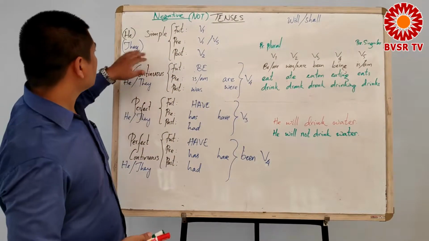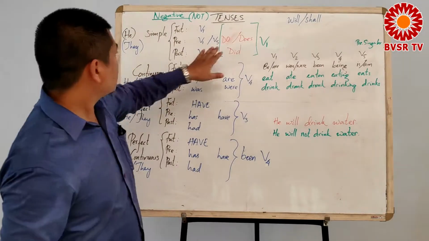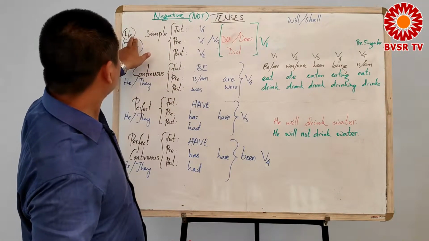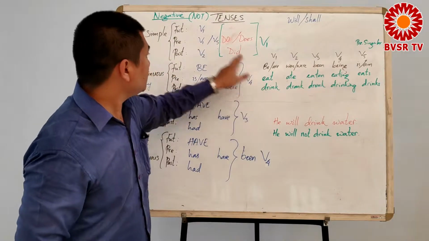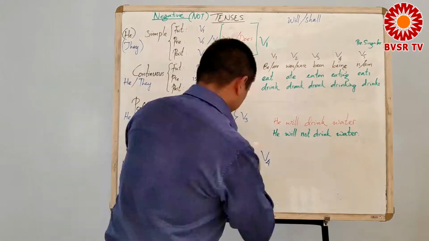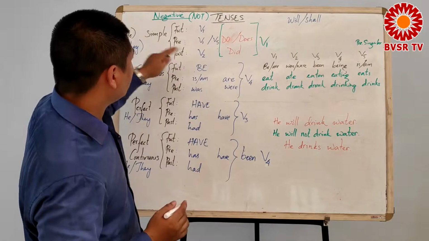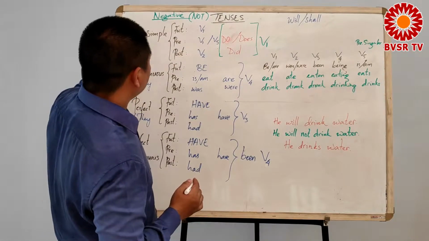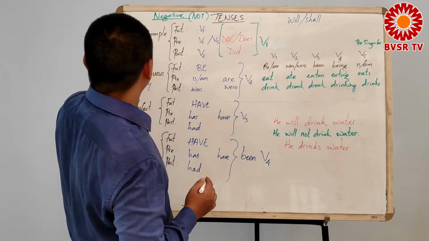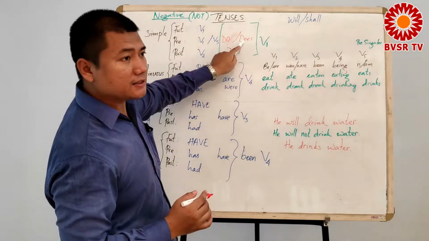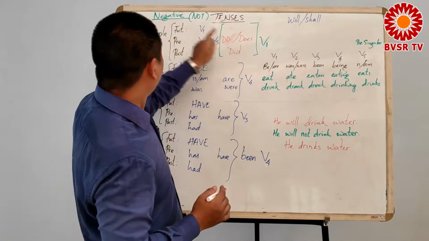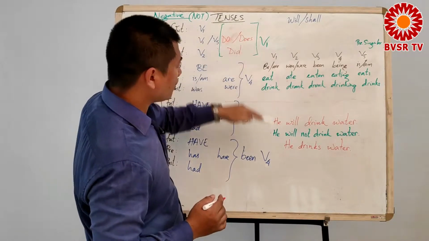So let us make sentences with all the tenses now. Let's make a positive sentence first. He drinks water. That is the positive. Now let us convert into negative. He, what is this? Okay, he is singular. Therefore, in the negative sentence, we have to use does as a singular. He does not drink.